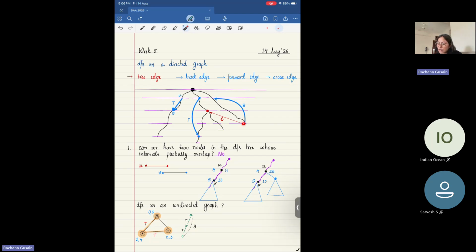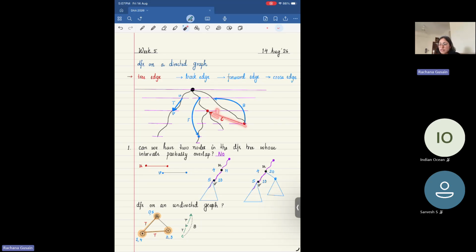In the case of a cross edge, it connects two nodes which are on different paths. Plus, I'm going to a node which has already been finished. So its starting time is going to be larger than the finishing time, and therefore the finishing time will also be larger.